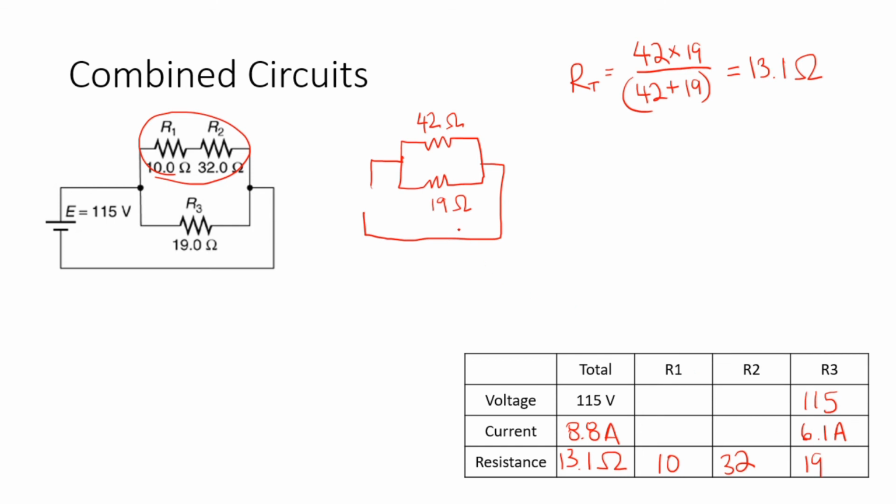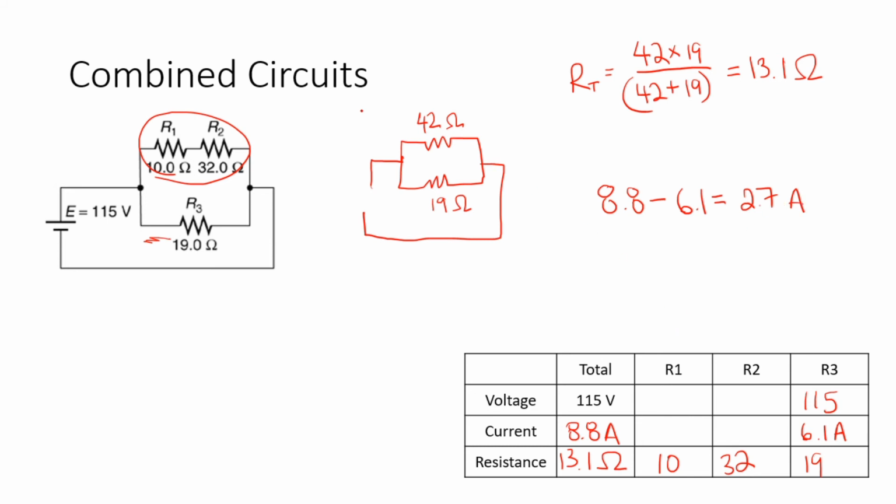Okay, so I know 6.1 amps went down here. How many amps went up here? Well, that's just subtraction. 8.8 total current. Subtract 6.1 that went into the R3 branch, and that should leave you with 2.7 amps.